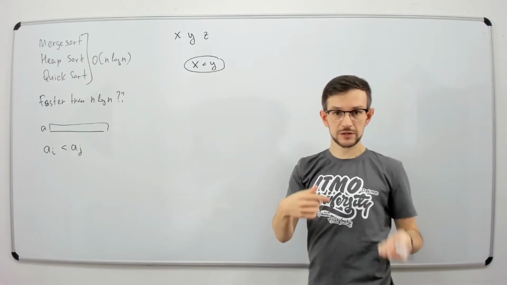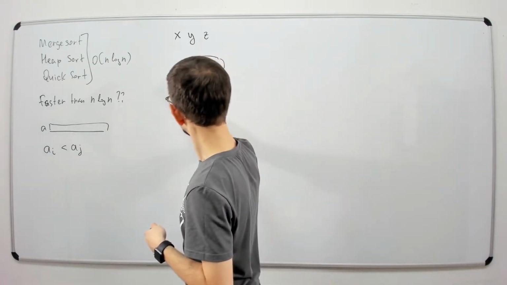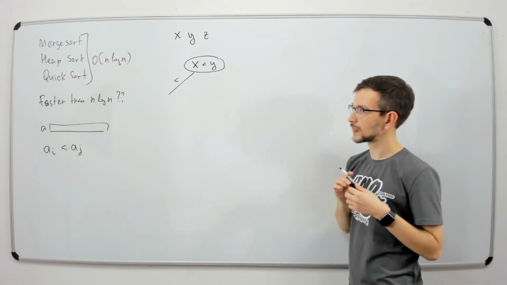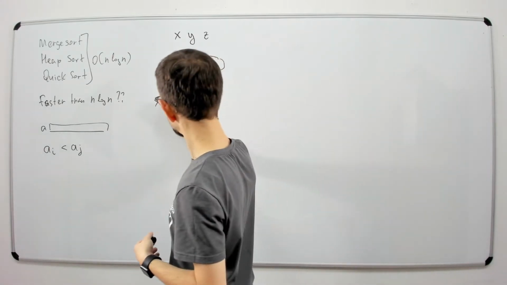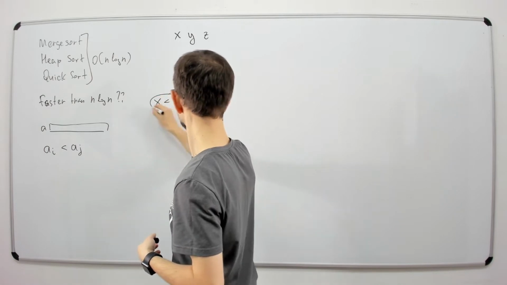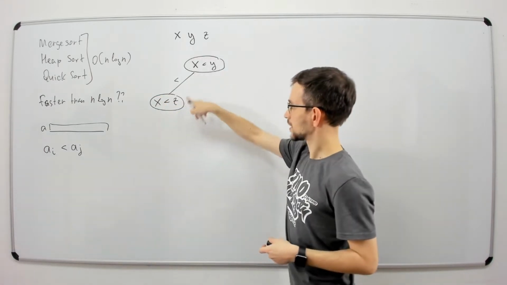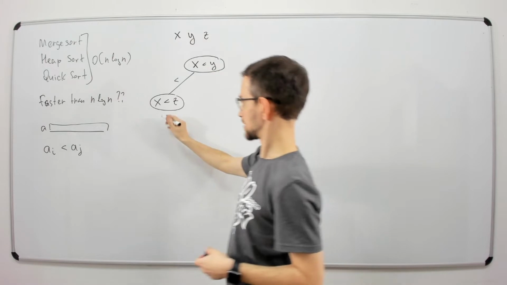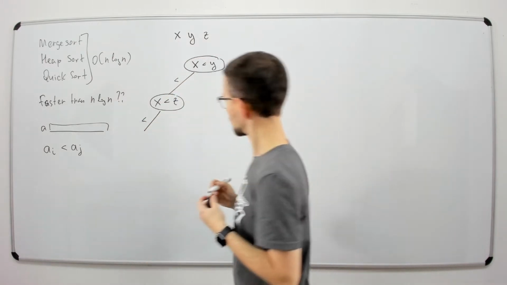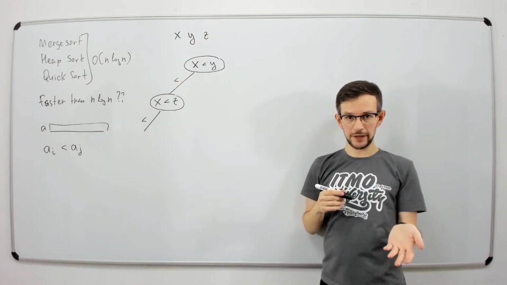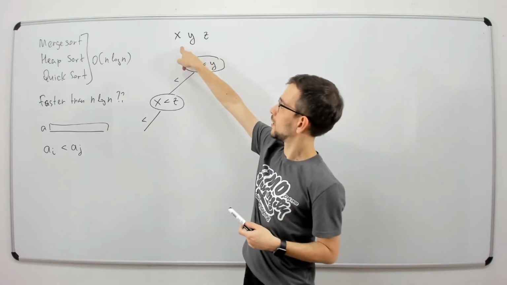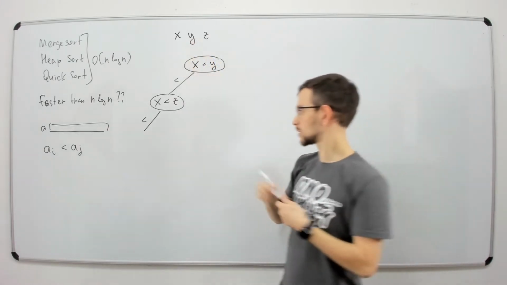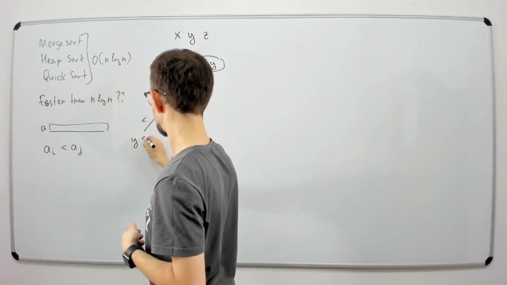So if x is less than y, then let's compare x and z. If x is less than y and x is less than z, then x is the minimal element. Now we know that x is the minimal element, we need to compare y and z.